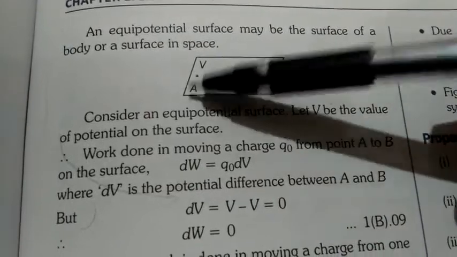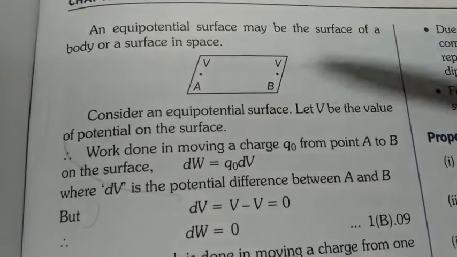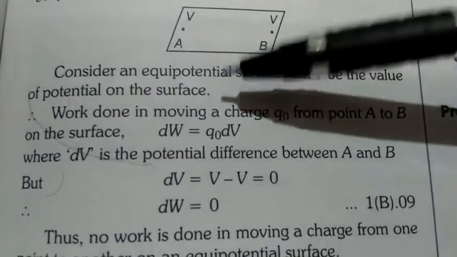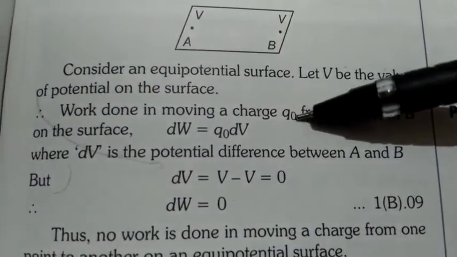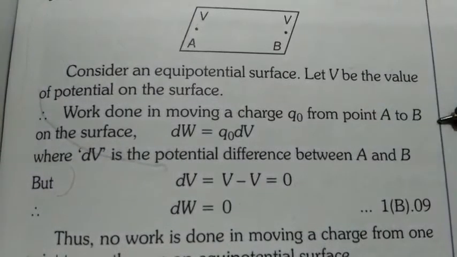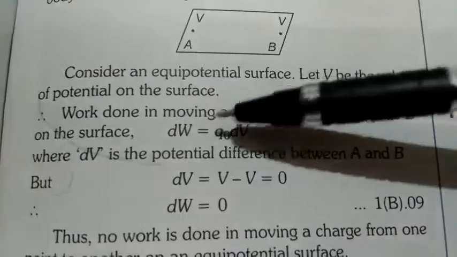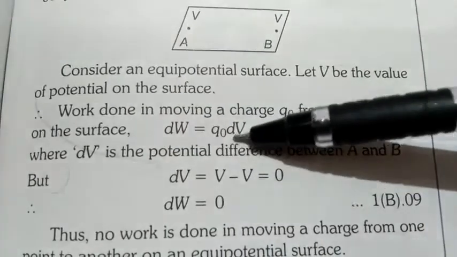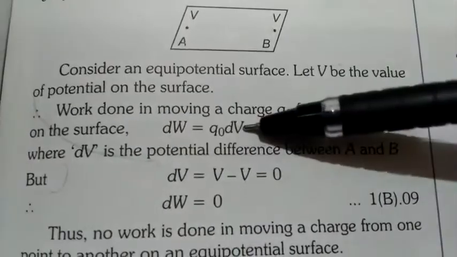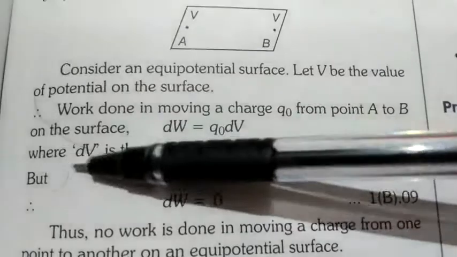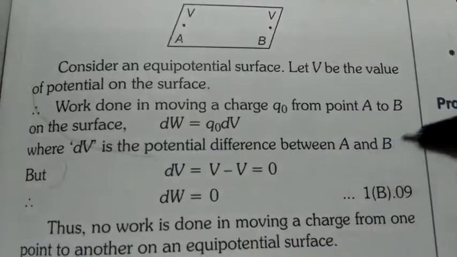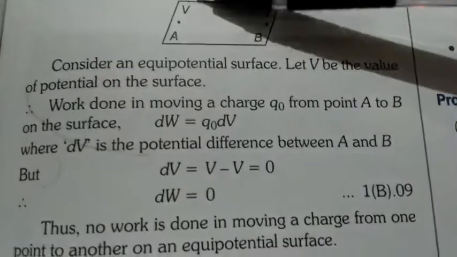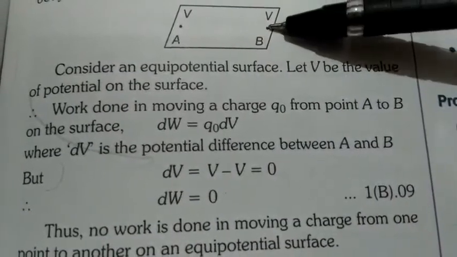So here at both the points the potential is the same, that is V. Now if we want to move a test charge Q naught from point A to B on this surface, we have to do some work. dW equals Q naught dV, charge into dV, where dV is the potential difference between A and B. Now we know in an equipotential surface at both the points potentials are the same.